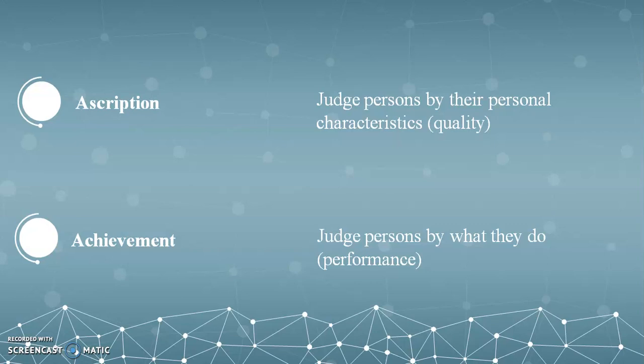For example, judging a person based on his or her age, sex, race, religion, etc. Achievement means judging persons by what they do. For example, judging a person based on education, which he or she has achieved. It is based on performance. Or judging a person based on business, career, etc.